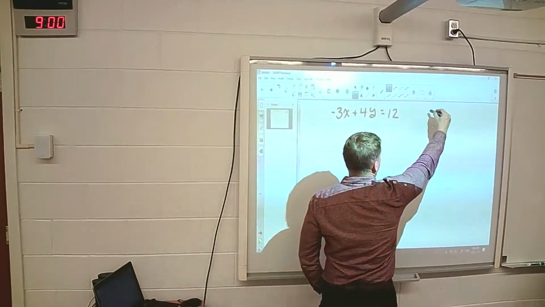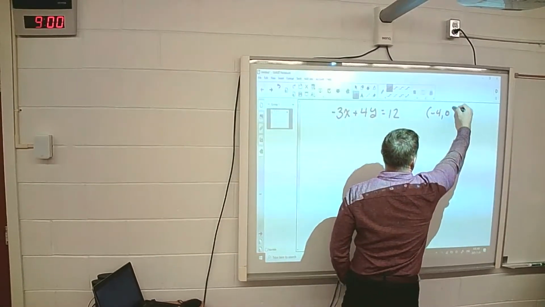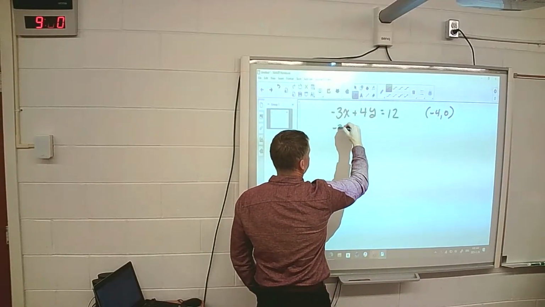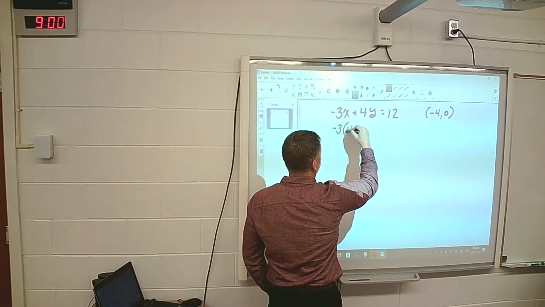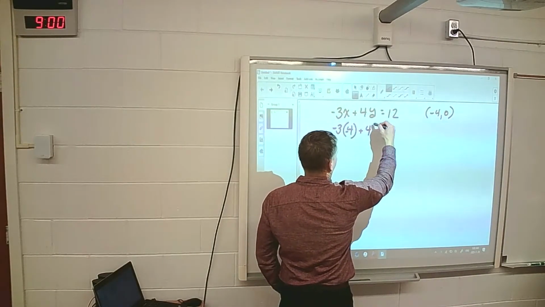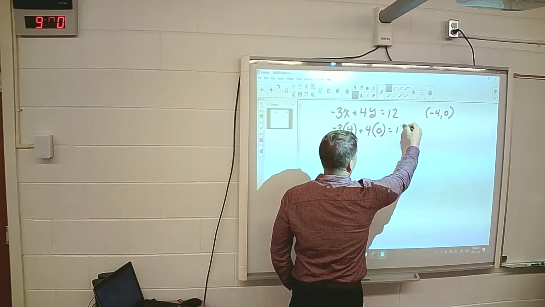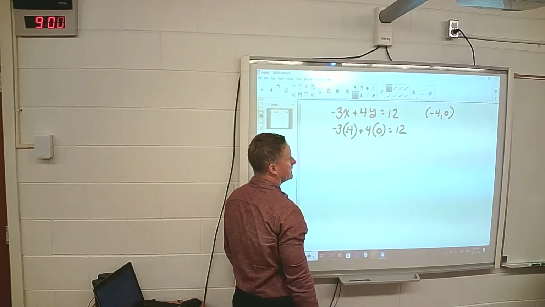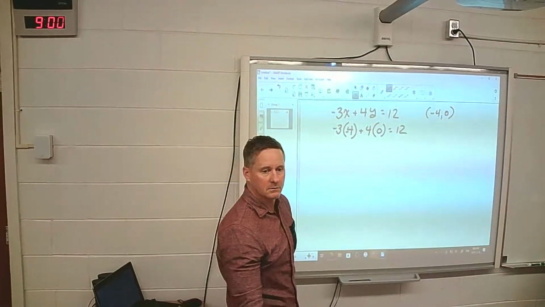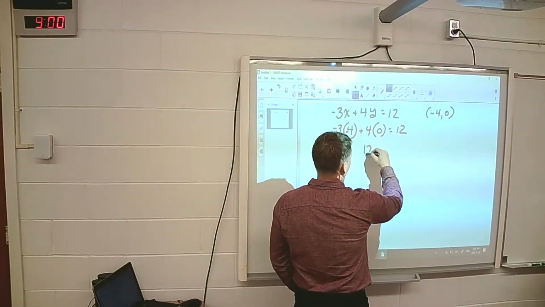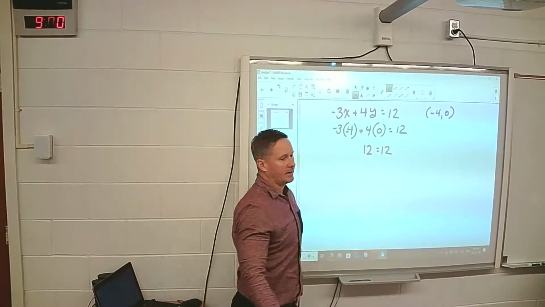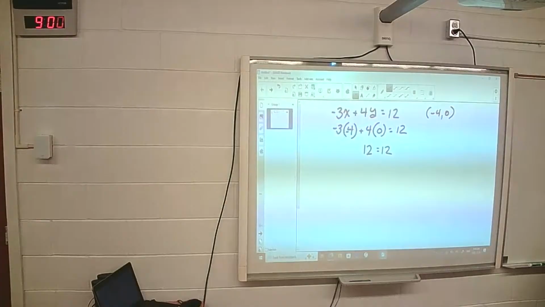So let's put that into the equation for x and y. So minus 3 times minus 4 plus 4 times 0 equals 12. What's minus 3 times minus 4? Positive 12. So you notice then that the left side and the right side equal each other.